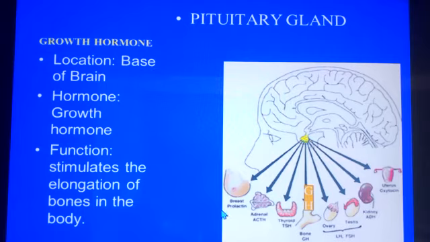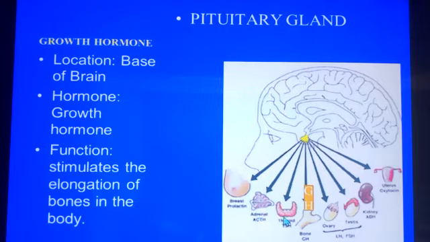For example, it sends information to the breast region, commanding it to produce the hormone referred to as prolactin, which is needed for milk synthesis or milk formation. The other one is the hormone produced by the adrenal gland, the adrenocortical hormone, which is also produced only under the influence of the pituitary gland.